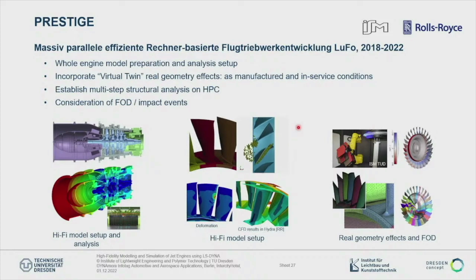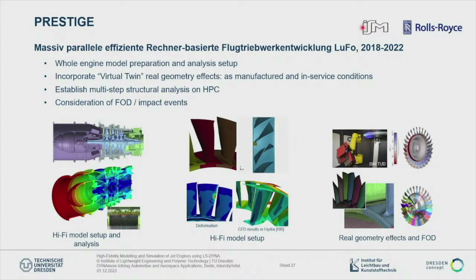This was closely carried out with our colleagues from the Institute of Fluid Dynamics, also at the TU Dresden, where the focus was on taking a large model, meshing it, bringing it up for structural simulation, and then making sure that we bring it into the CFD analysis, apply the loads, and bring it back to do some structural analysis. And this all with very complex models.